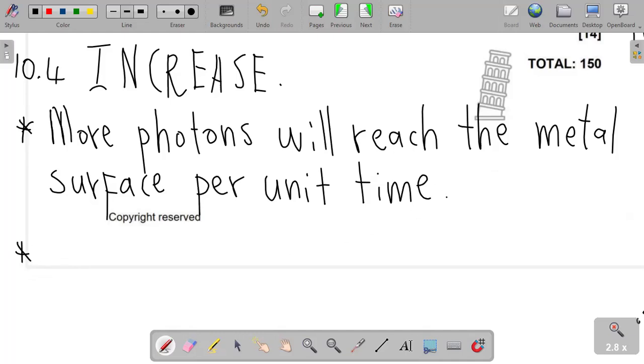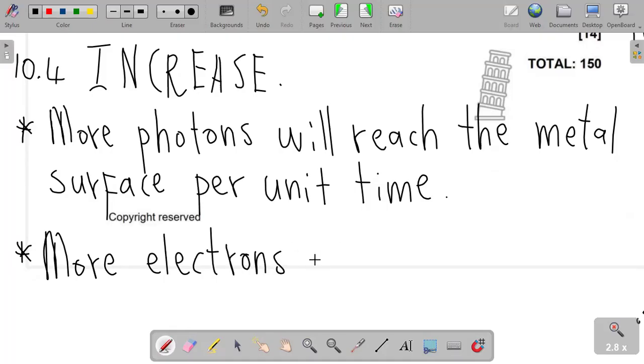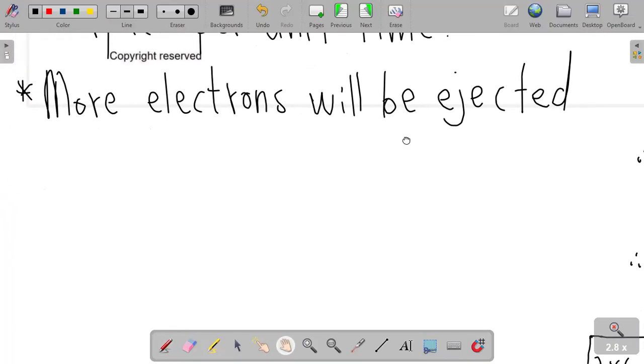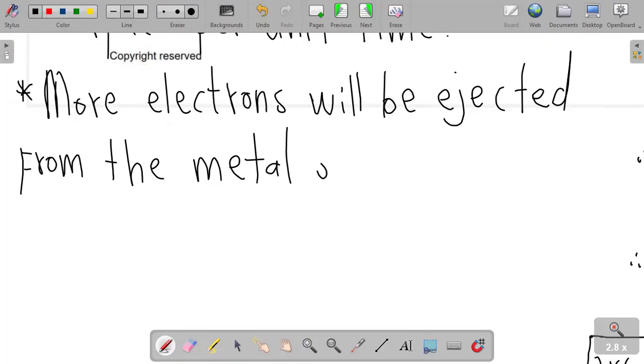So this means that more electrons will be ejected from the metal surface per unit time.